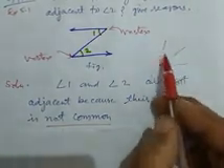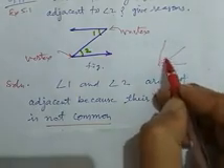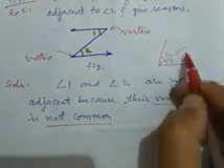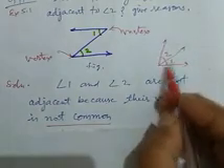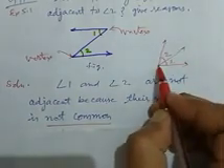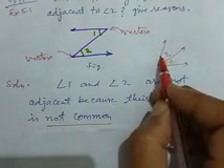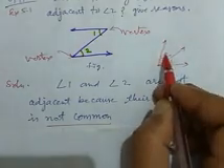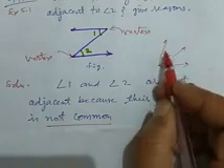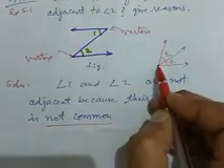This is the adjacent angle. This is angle 1, this is angle 2. What happened? Angle 1 has the same vertex as angle 2, because next to angle 1 there is angle 2. One arm is common and the vertex is also common.